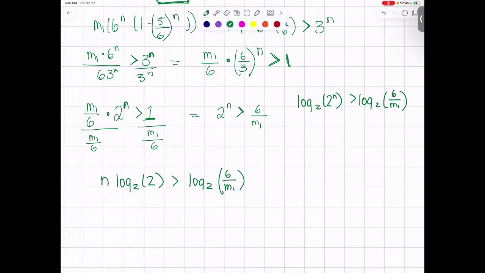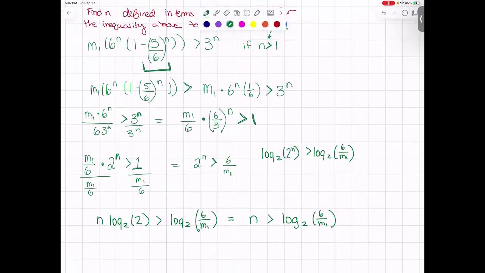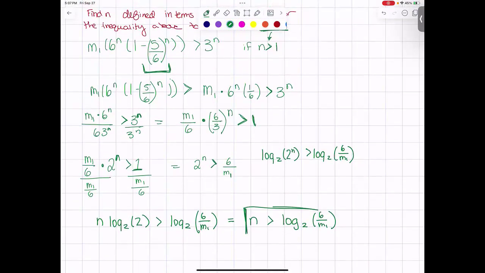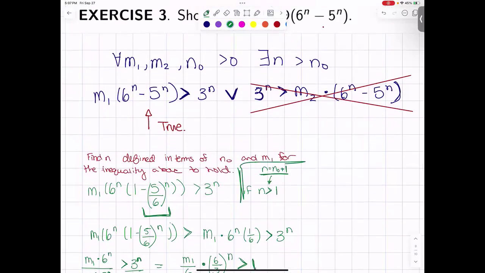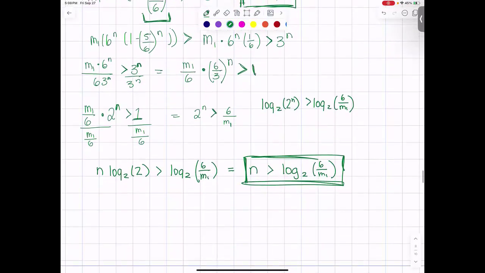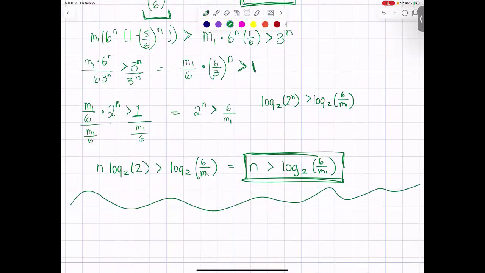Log base 2 of 2 is just 1, which means we have n being greater than log base 2 of 6 over m1. So we now know that n needs to be greater than this term, which means we're now in a place where we can start our official proof.